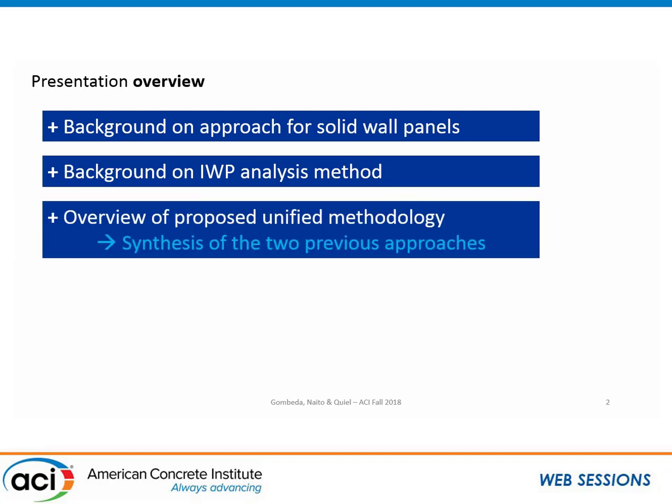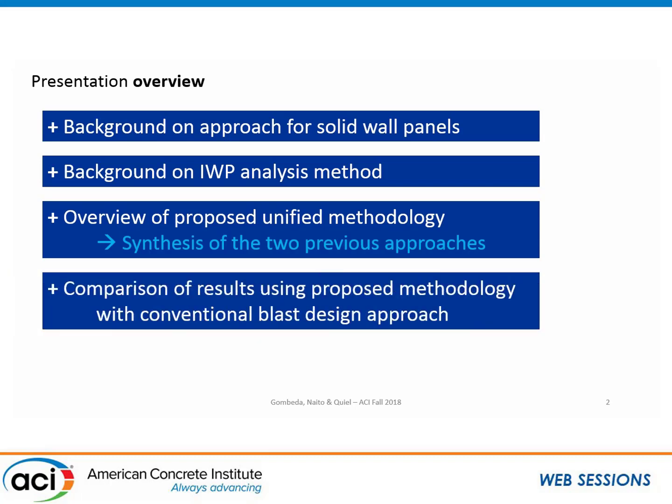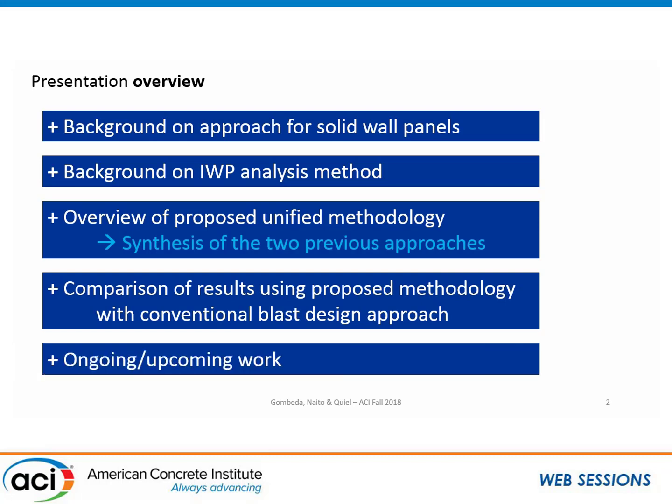Then we came up with what we call a unified methodology. It's more or less a synthesis of these two different methods, and you'll see how these come together later on. Then we're going to take the results from this synthesized methodology and compare it to some of the conventional methods like SBEDs, and also some upcoming work that we have to build on this going forward.